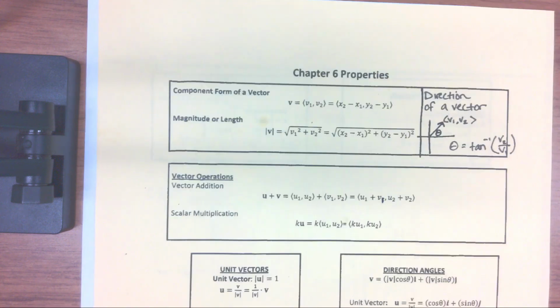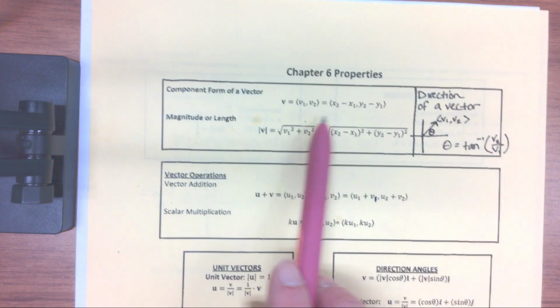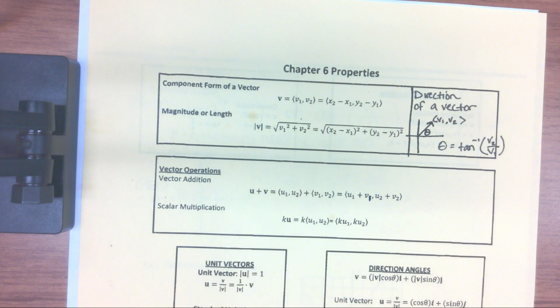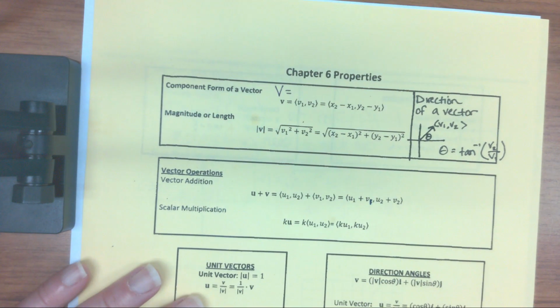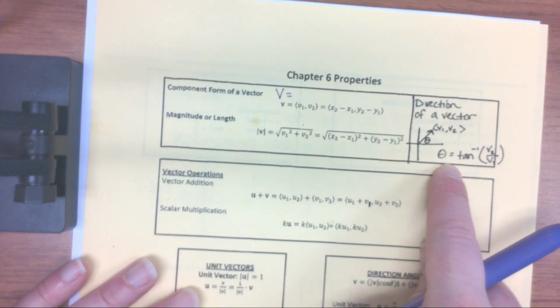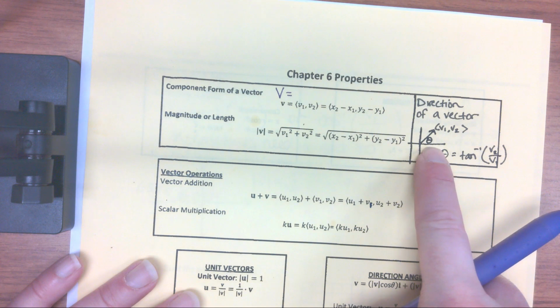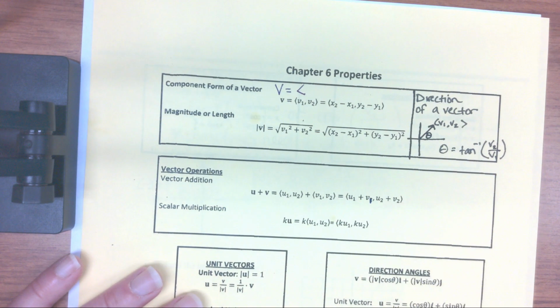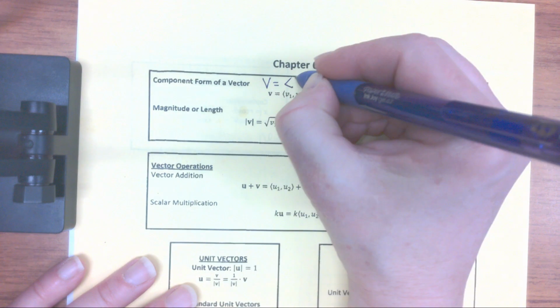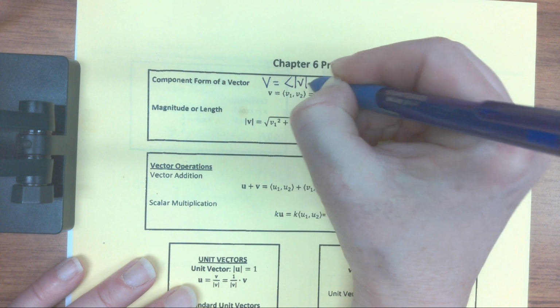If you are finding the component form, the earlier formula was for if I had two ordered pairs. The other way, again using this picture here, if you have the magnitude and the angle, you're going to just use some trig. The first component, you take the magnitude and you multiply by the cosine of the angle.